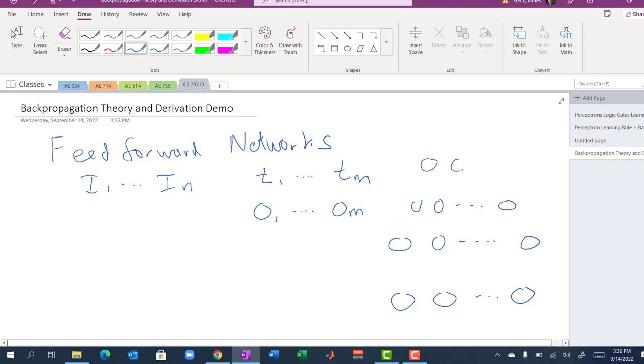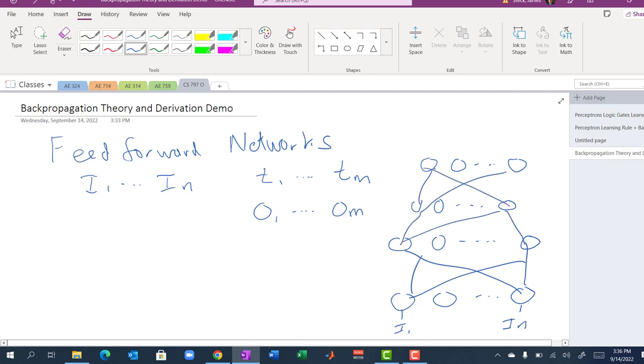And then we have an output layer. So the inputs go in here. We've got connections going forward. And then the outputs of these neurons get assigned to the outputs O1 to O sub m. And then the targets for training for those are the T values here.